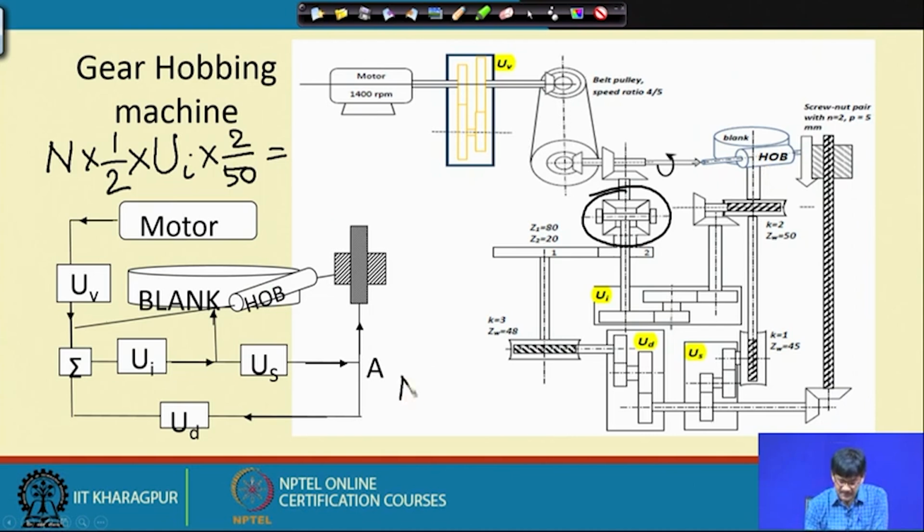We know that N worm gear is related to the worm this way. So, this is 2 by 160. So, we can remove N worm and keep it here.